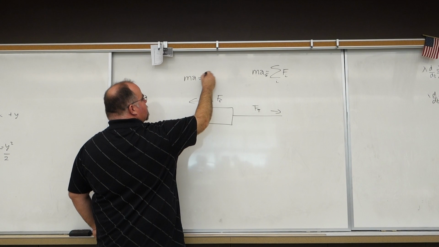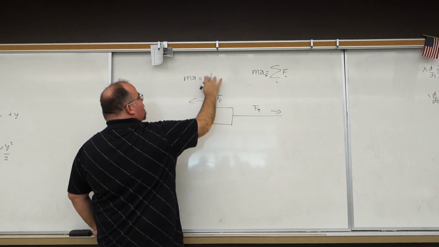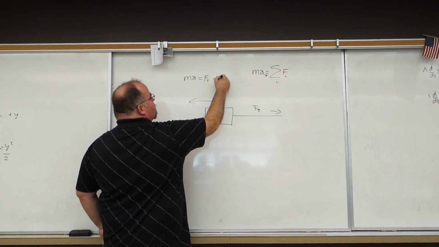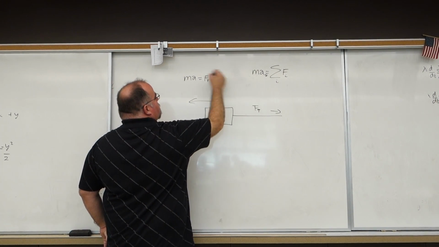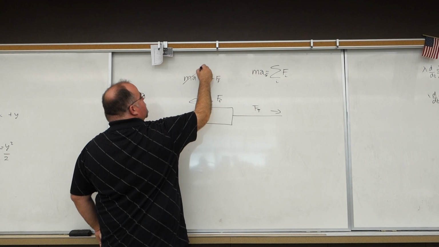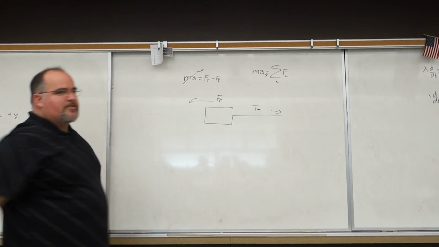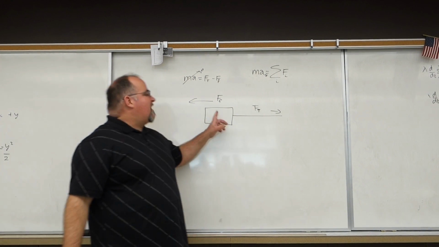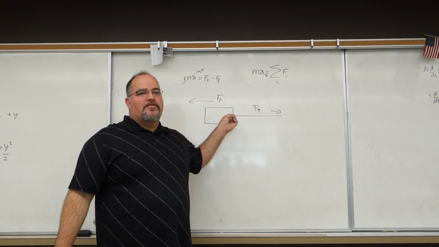The force of tension minus the force of friction is going to equal 0 if the box is not accelerating, if it's moving at just a constant rate. Now, does this box have to be moving to experience the force of friction?